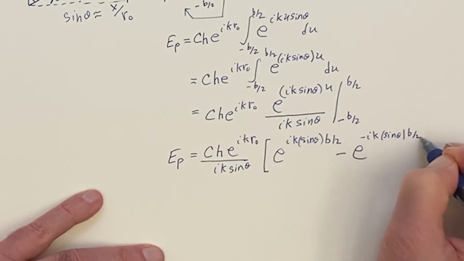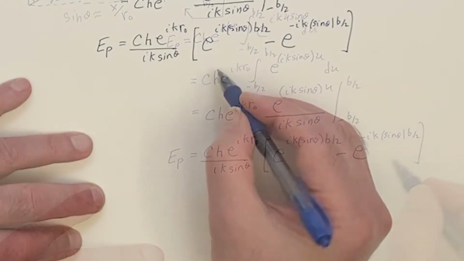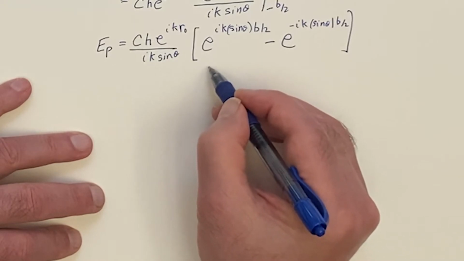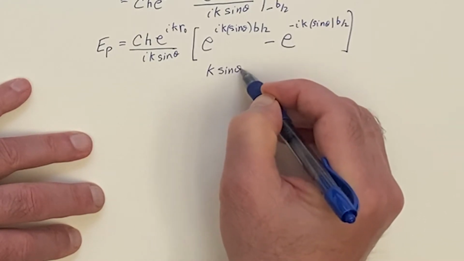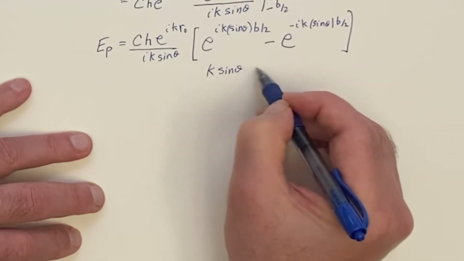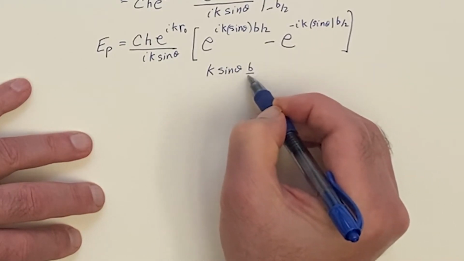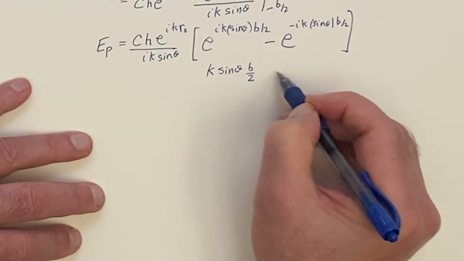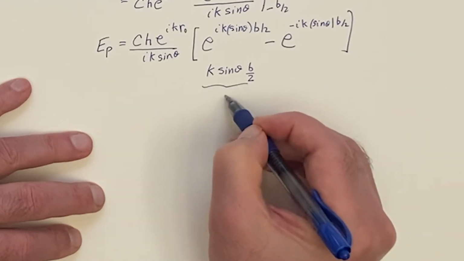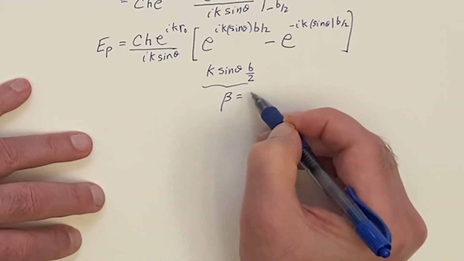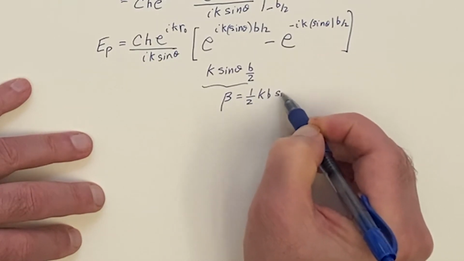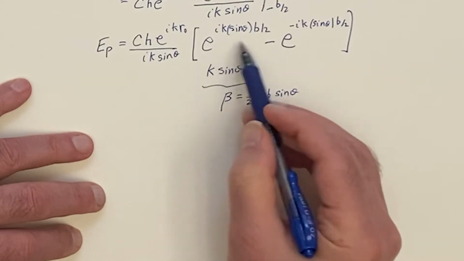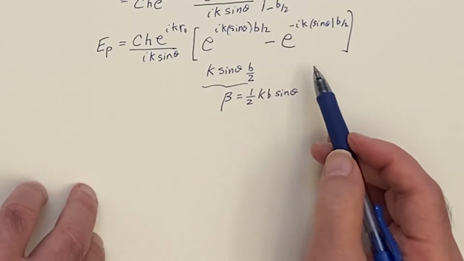And now what we're going to do is take this combination, k sine theta b over 2, and say let beta equal 1/2 k b sine of theta. So that is going to simplify things up there.